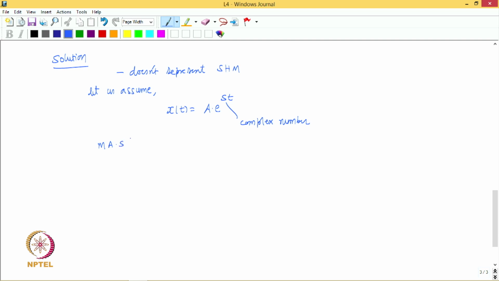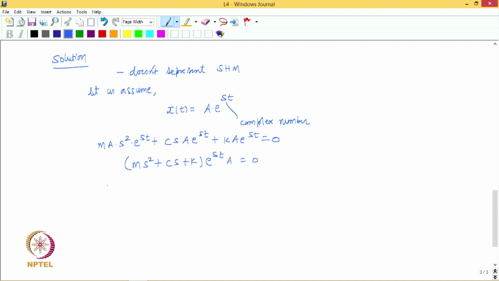We get m s square A e to the power s t plus c A s e to the power s t plus k A e to the power s t is equal to 0, which means (m s square plus c s plus k) A e to the power s t is equal to 0, correct.